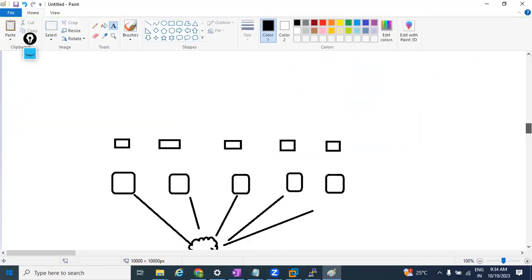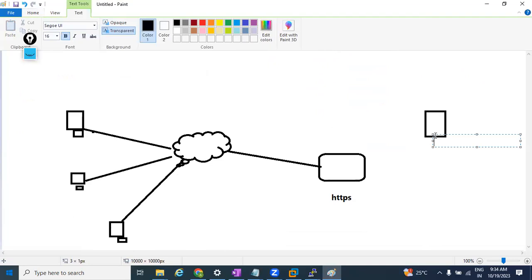CA means certificate authority. So this is my CA server. I'll use Microsoft 2016, 2019, 2022 servers. These are the servers. Or I can use here Cisco router as well. In our lab, we have to use Cisco router as a CA server. We have to convert that.